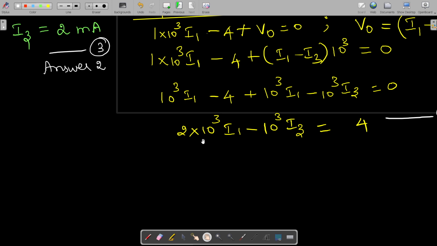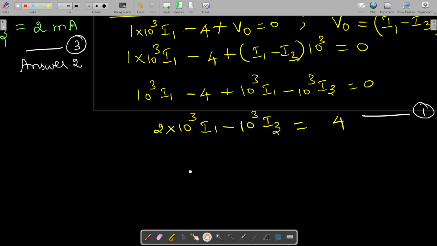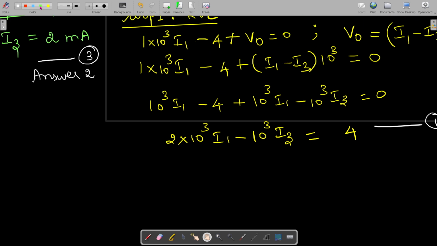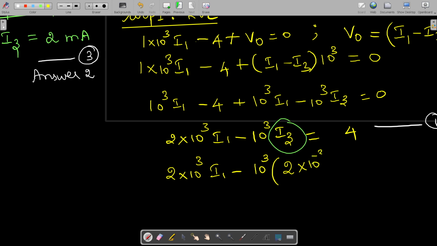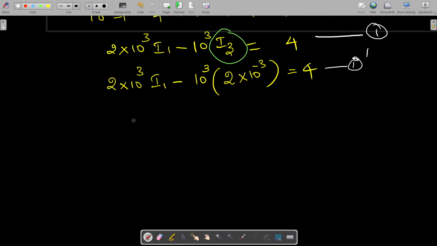Now you come to equation number 1, in which we can substitute the value of I3 as 2 milliamps. So I can write this as 2 into 10 power 3 I1 minus 10 power 3 into 2 into 10 power minus 3, because we have milliamps here, equal to 4. This is the modified form of the first equation. From here we can get the I1 value.